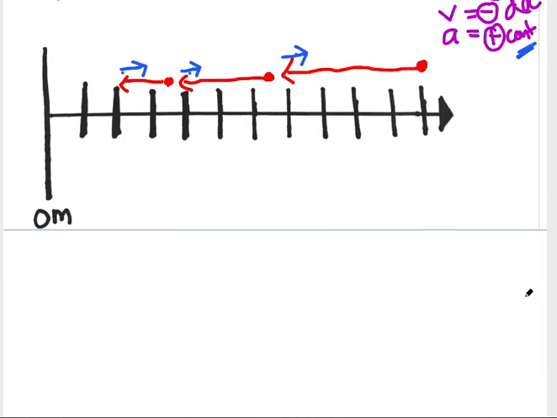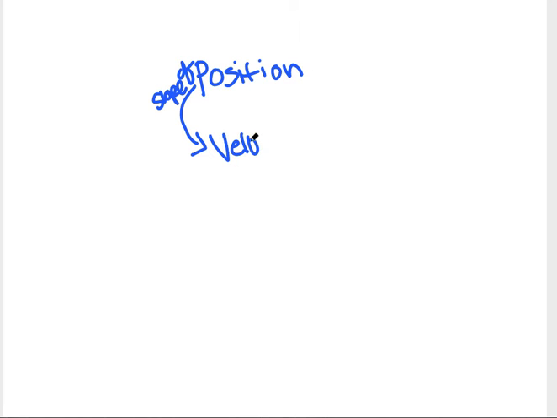All right, let me just do one last thing before I let you guys go, and this is just something that's going to help you remember what the slope of each of the graphs represent. So if we have a position time graph, the slope of that line of a position time graph represents velocity.